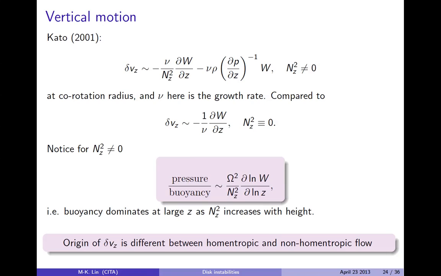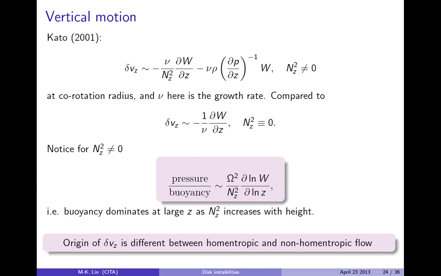And also, if we go back to this more general case, we can compare the magnitude of the pressure contribution to the magnitude of the buoyancy contribution. And that is proportional to the angular frequency squared divided by the Brunt-Väisälä frequency squared. Now, the angular frequency is not a function of height in this model, but the buoyancy frequency is. It increases with height.